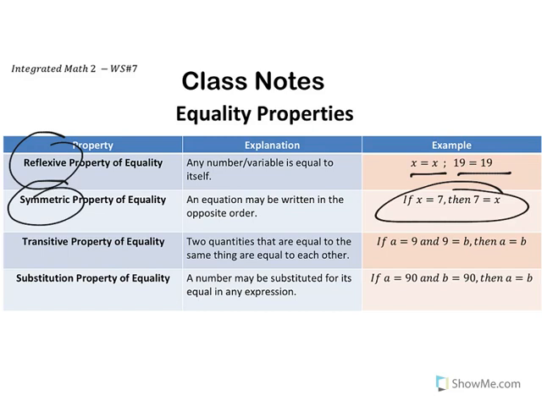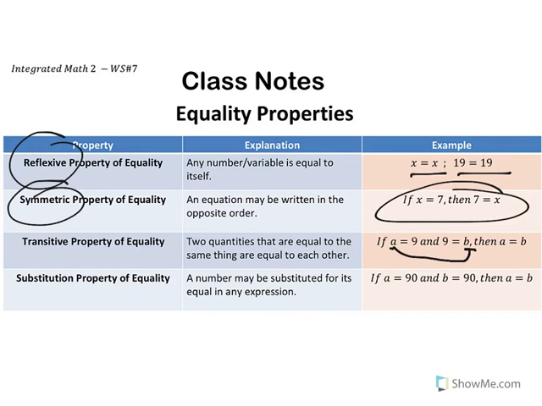Transitive property of equality: two quantities that are equal to the same thing are equal to each other. So if a equals 9 and 9 equals b, then a and b are equal to each other. So a transferred the information over to b.